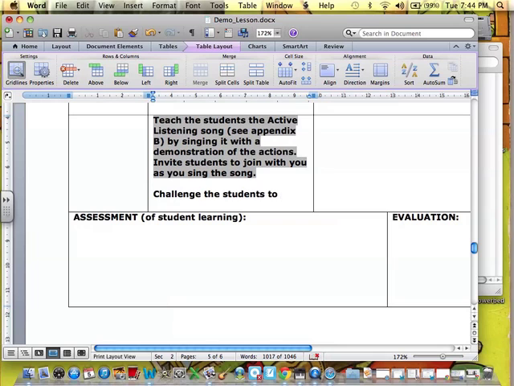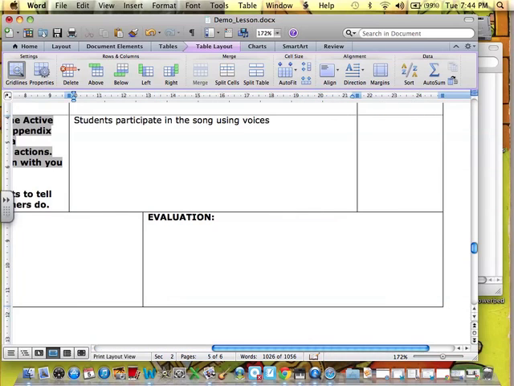to tell me what active listeners do. Okay, and so over here, students participate in the song using voices and the actions.